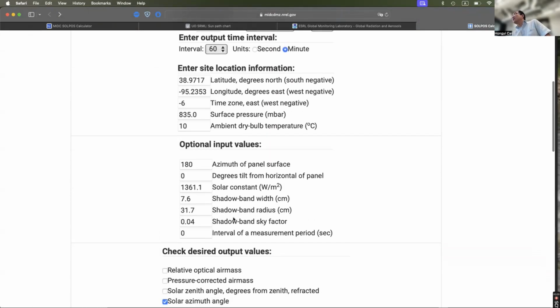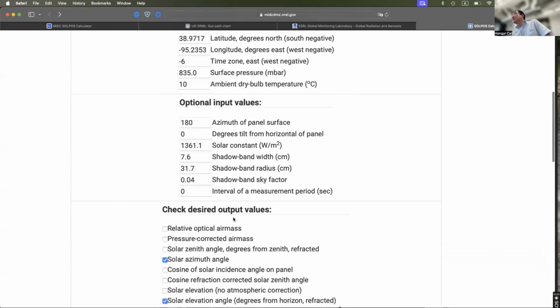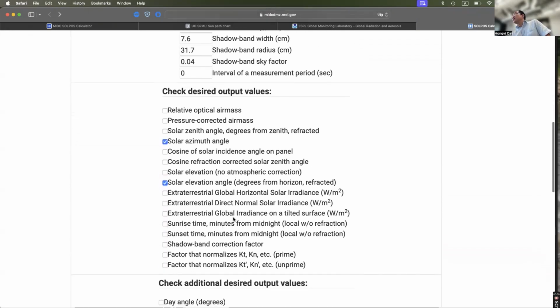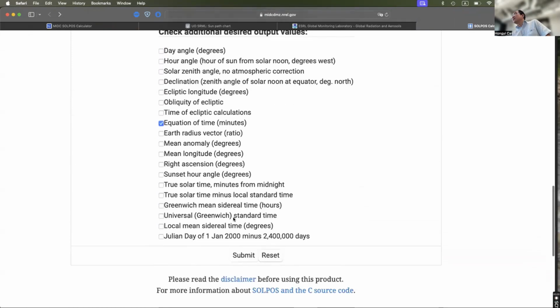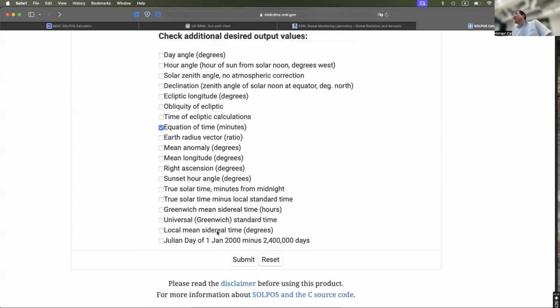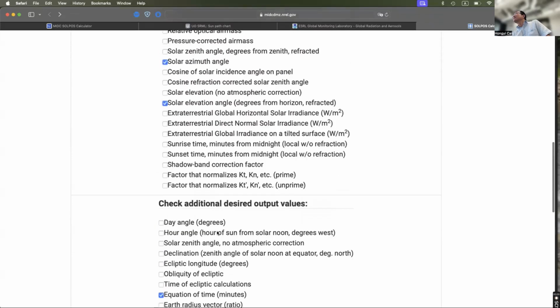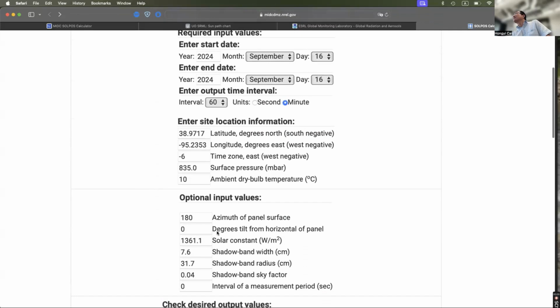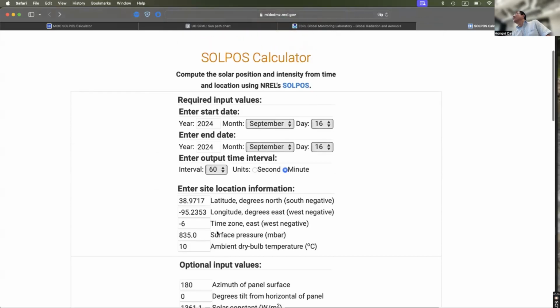Did I miss anything here? Optional. Check it on. I only have this reset. Did I miss anything?